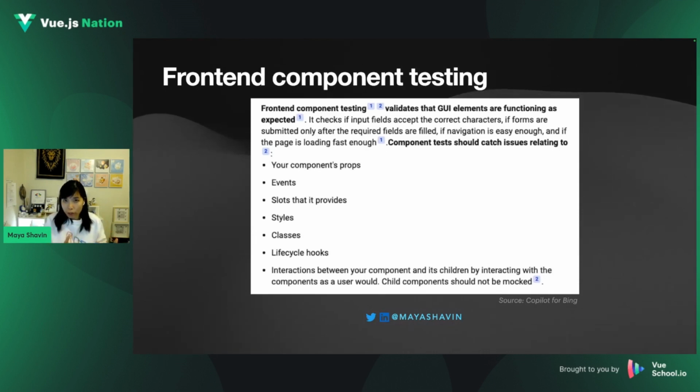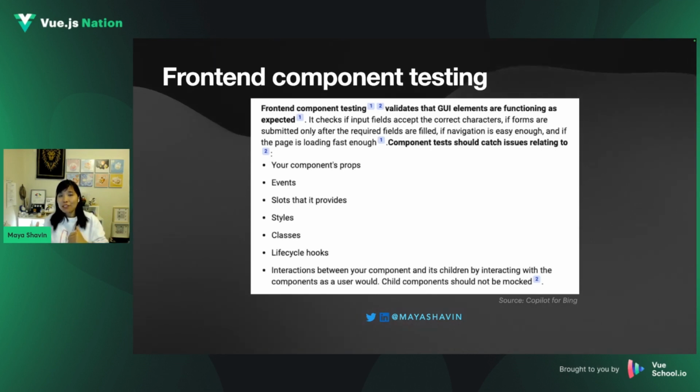Then interaction with other components and child components as it should be, which means you don't mock the child components. You render the whole and see whether it rendered correctly and behaves correctly or not.